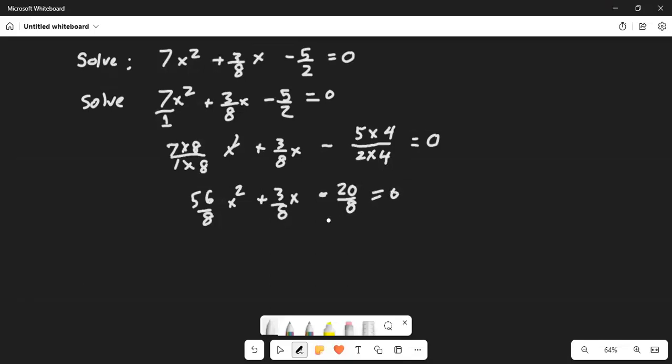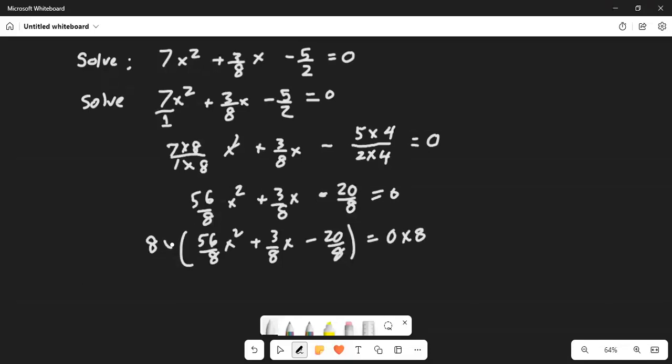You notice 8 is the common denominator. In order to remove the 8, because it's 56 divided by 8, all of the terms are divided by 8. I do the opposite operation, which is multiplication. So I multiply by 8 on both sides of the equation. 56 over 8x squared plus 3 over 8x minus 20 over 8 is equal to 0 times 8.